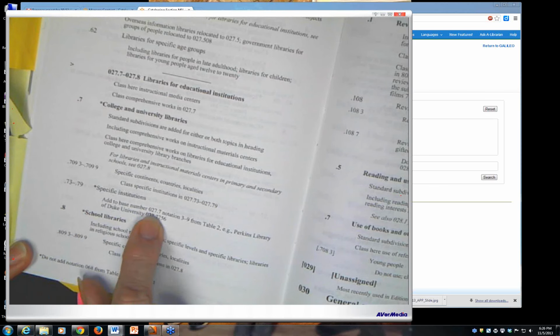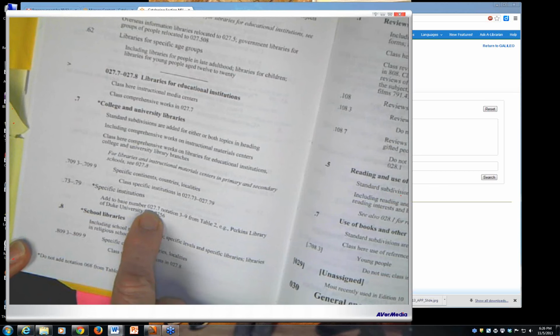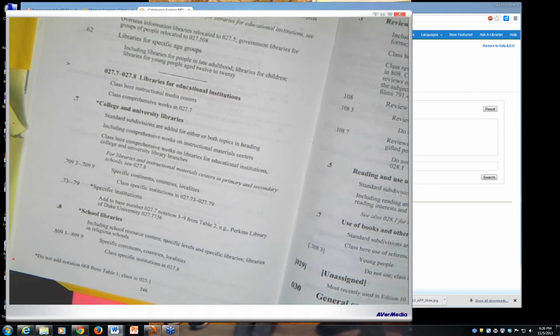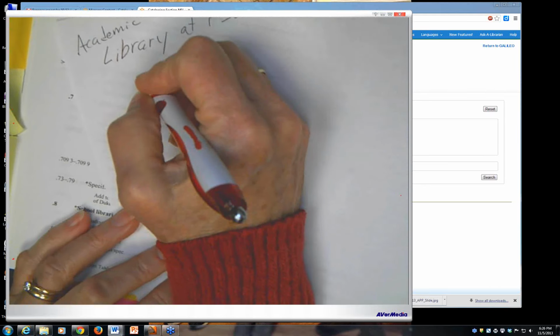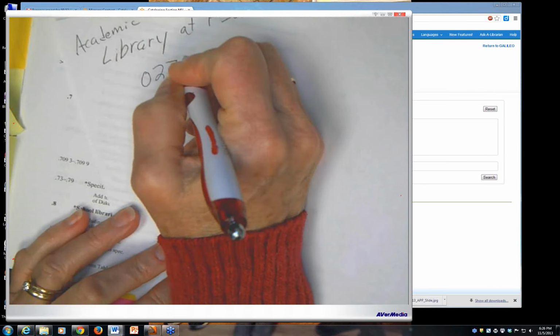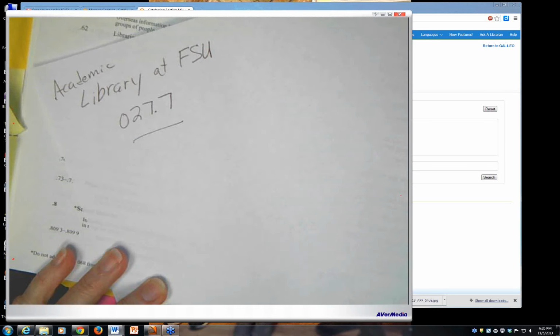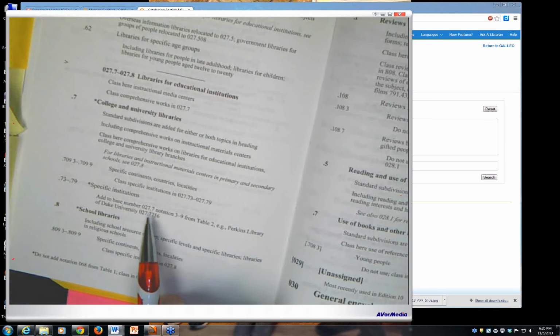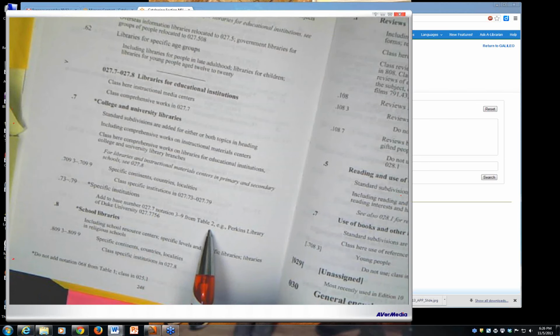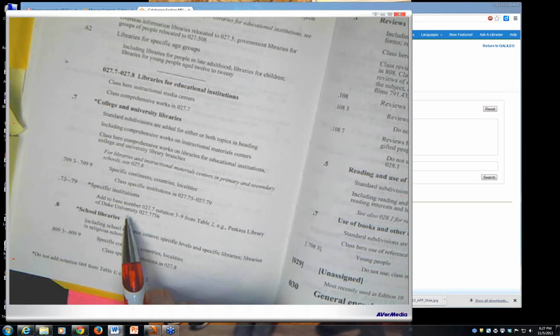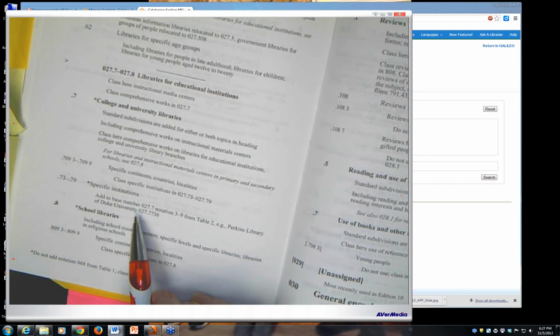Add to base number. Okay, stop, there's our magic phrase. Add to base number 027.7. Stop, write it down. That's our base number. Add to base number 027.7 notation from Table 2. Then it gives me an example, the Perkins Library of Duke University. Well, this is Florida State University.